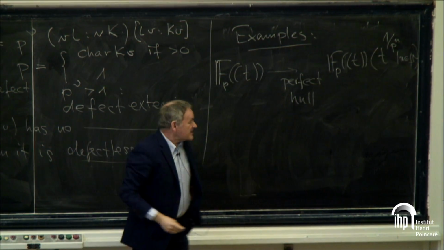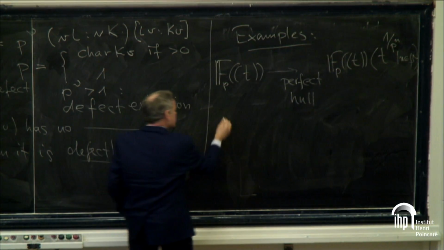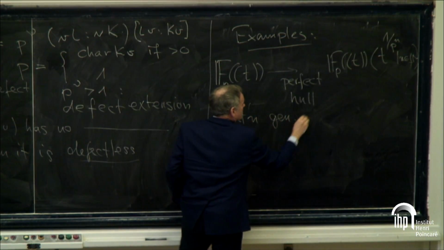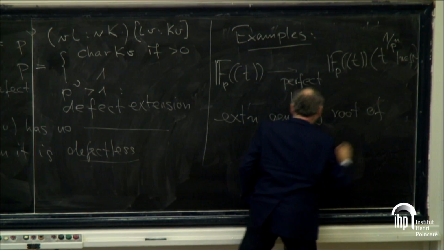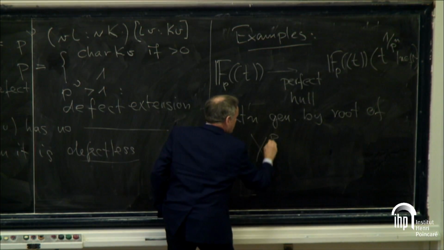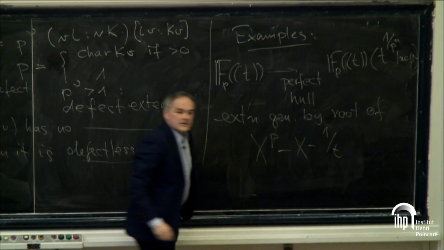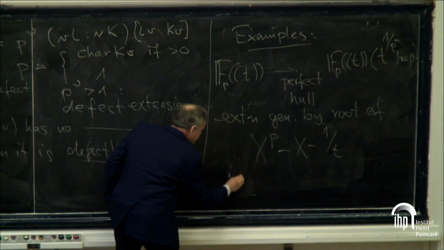So that's the perfect hull. And now you take an extension generated by a root of the polynomial x to the p minus x minus 1 over t. This gives you a so-called Artin-Schreier extension, and this extension is a defect extension.